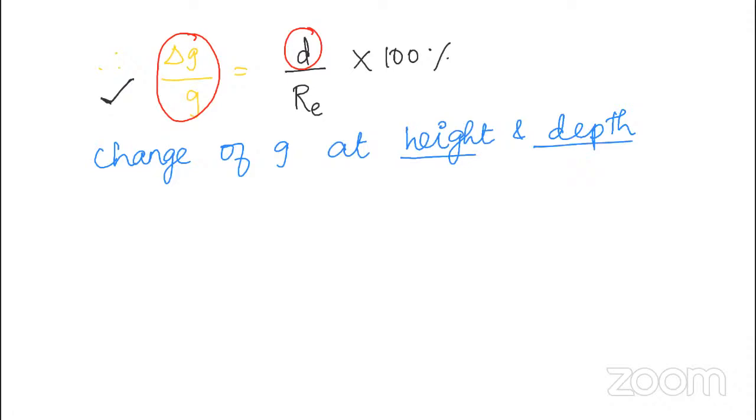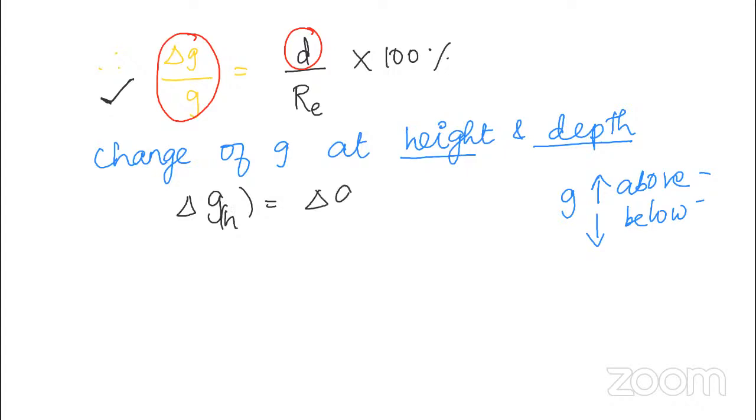Both are given, and they ask whether the g value increases or decreases above the surface or below the surface. We are using this formula. What is the formula? Delta g at height is equal to delta g at depth.